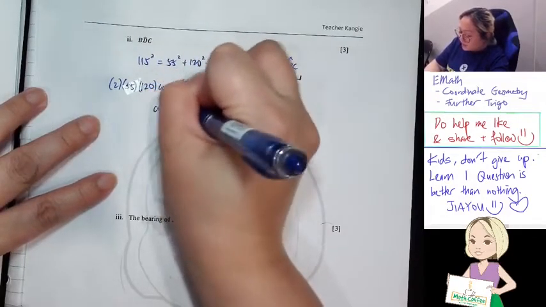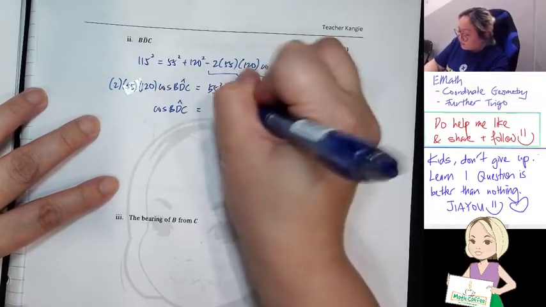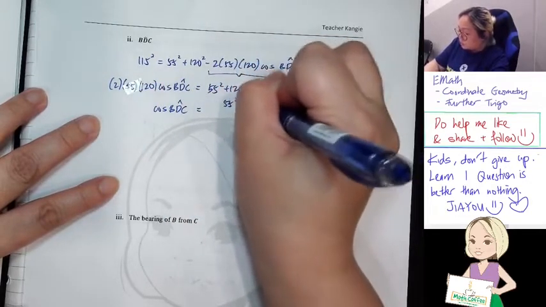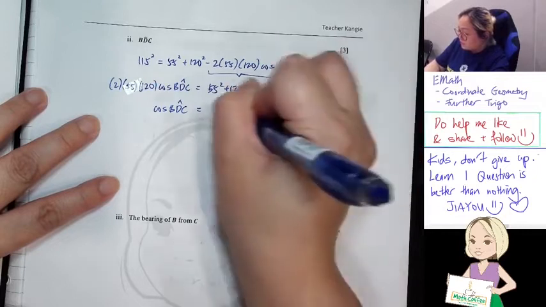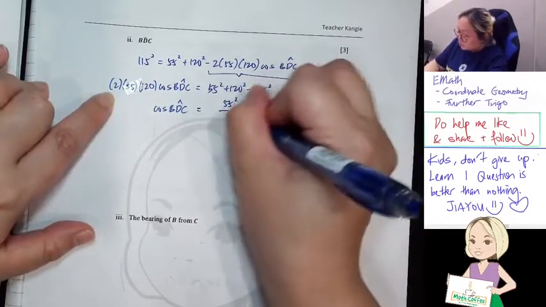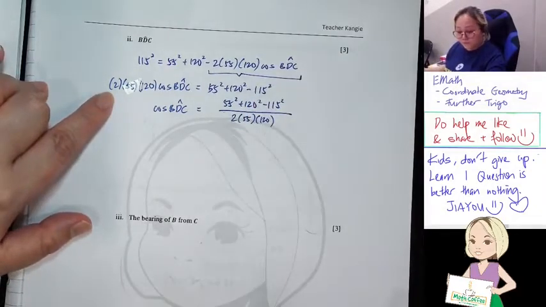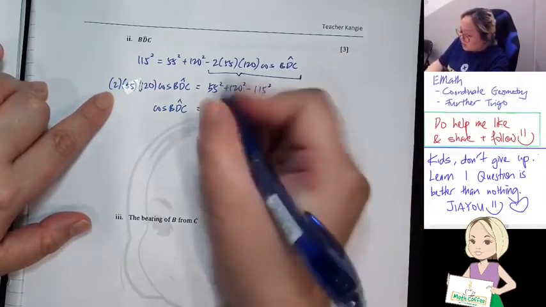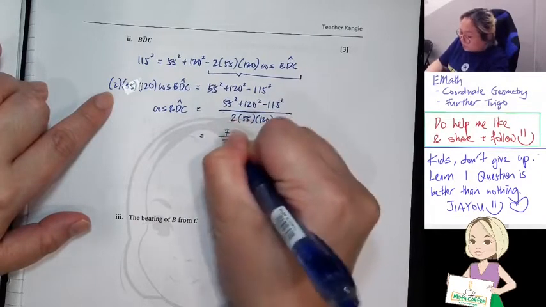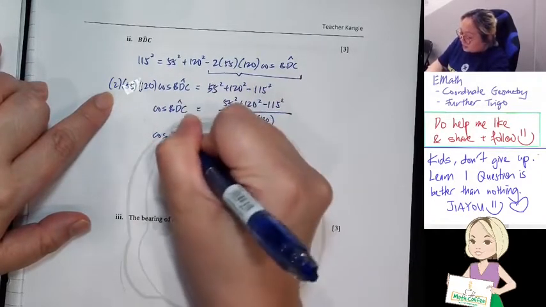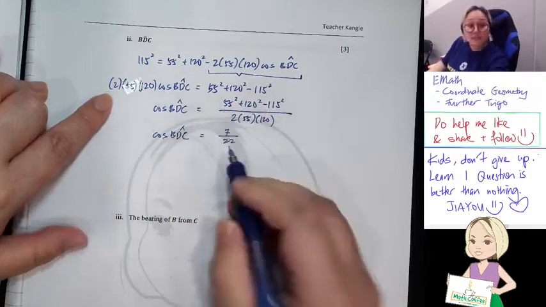Cosine BDC is equals to 55 square plus 120 square minus 115 square divided by 2 times 55 times 120. Okay? This one, when you press the calculator, you get 7 over 22. So cosine BDC is 7 over 22.